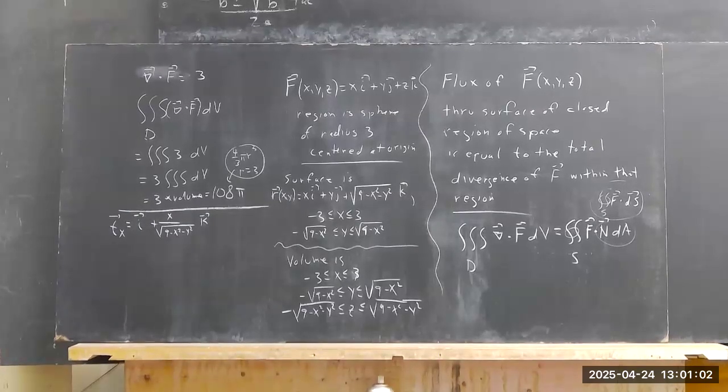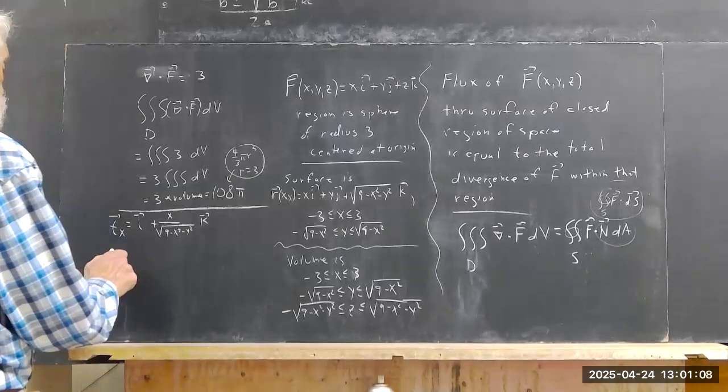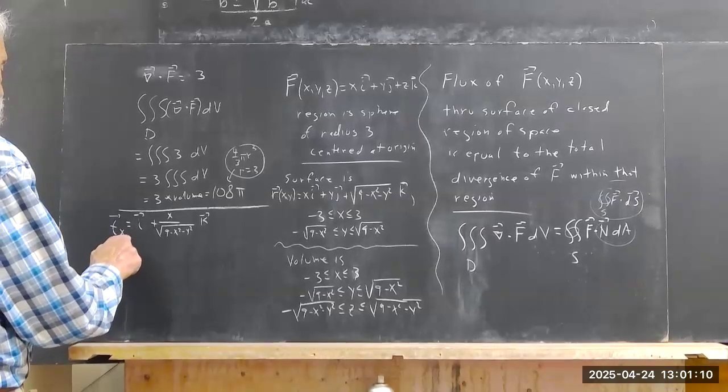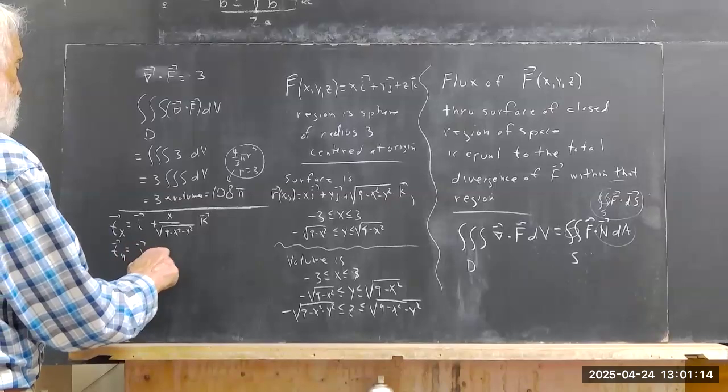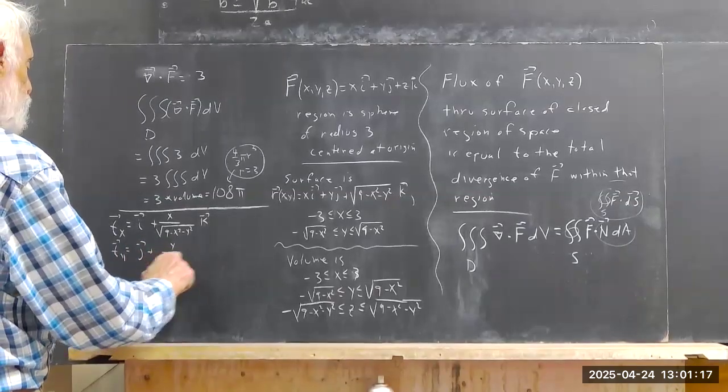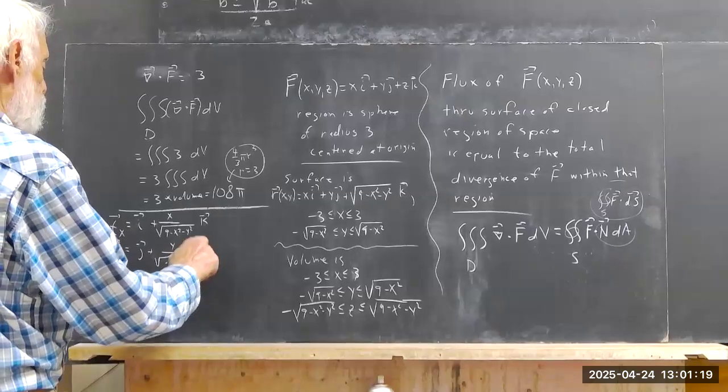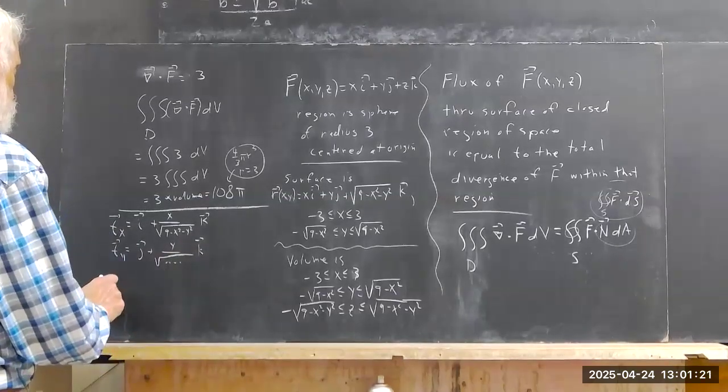Well, that's it. Okay. And then Ty is going to be j plus y over the square root of the same thing times k.